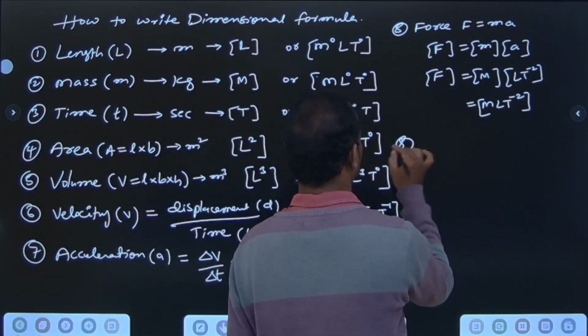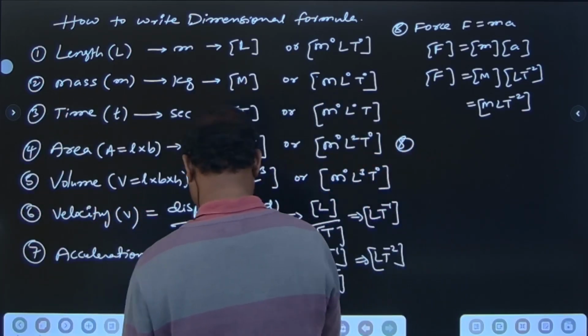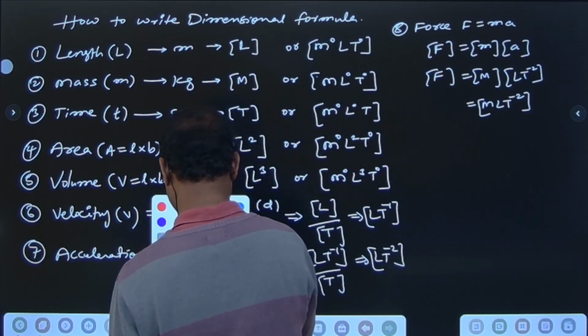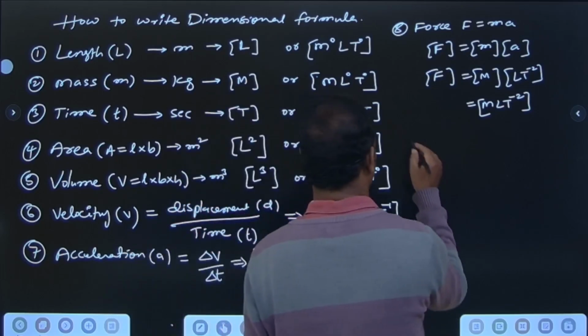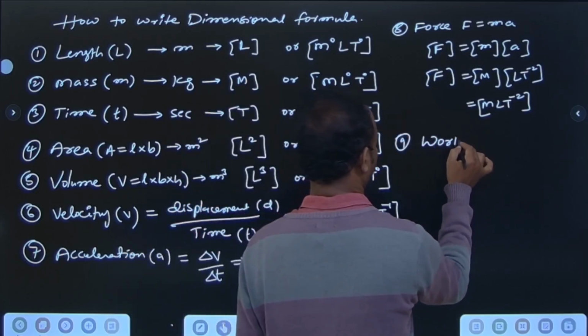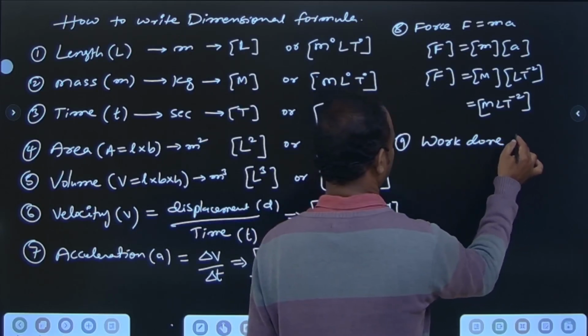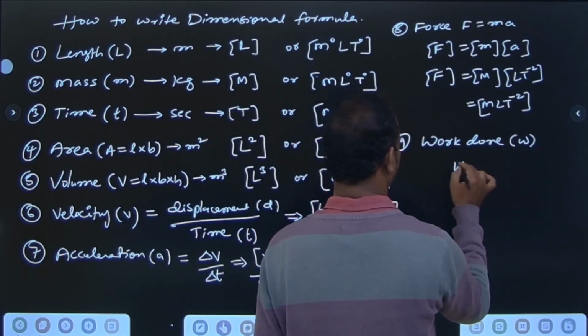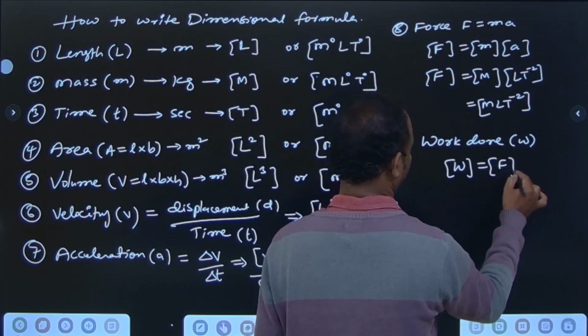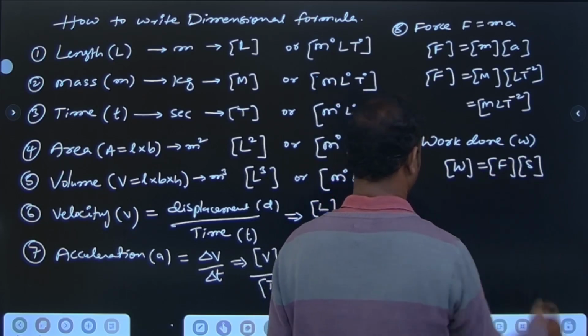So just if I write on this, next I'm taking, for the ninth one, for example, work done. Okay. Work done is W. The dimension formula of W is equal to the dimension formula of F into the dimension formula of S. Okay.